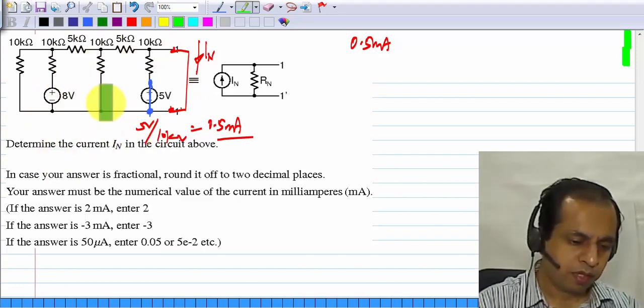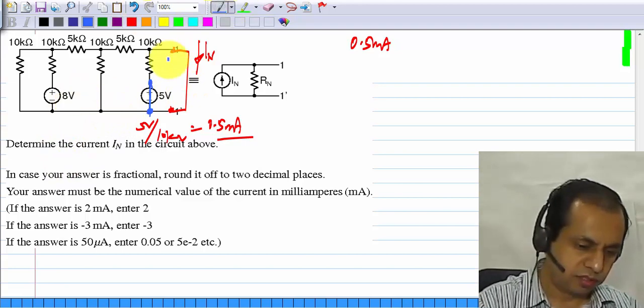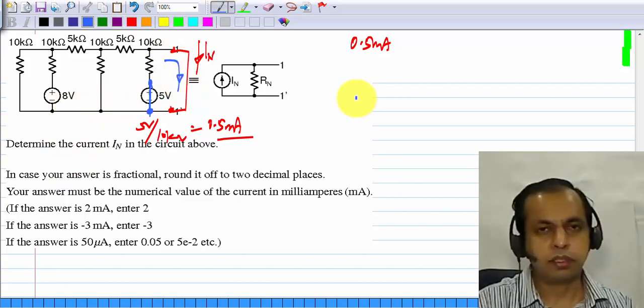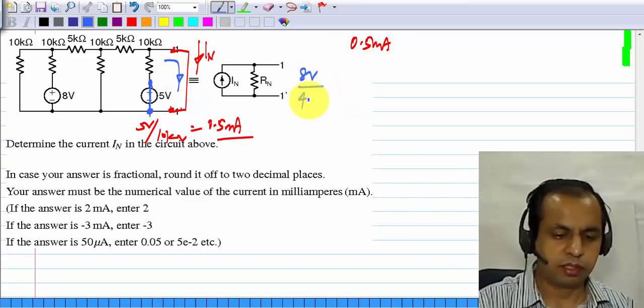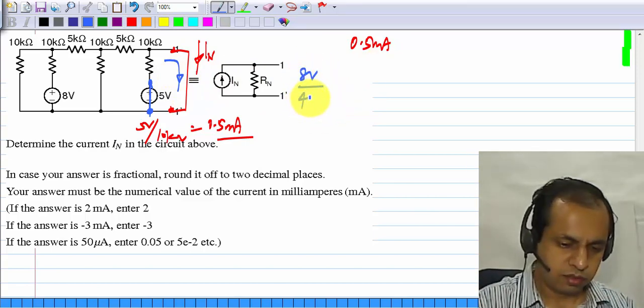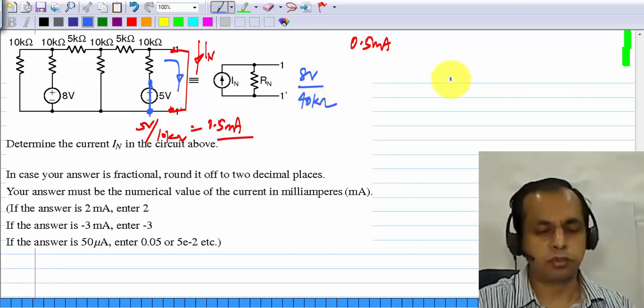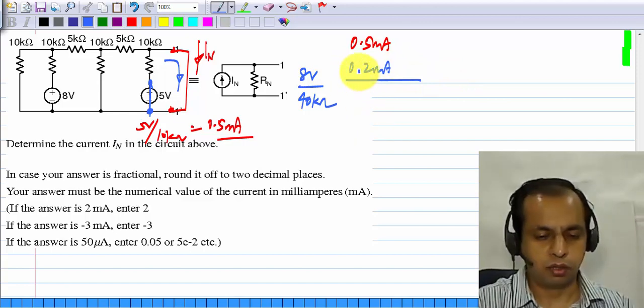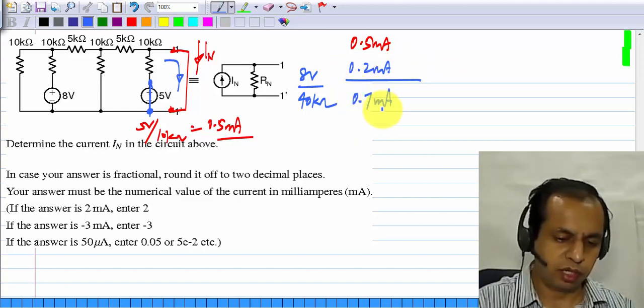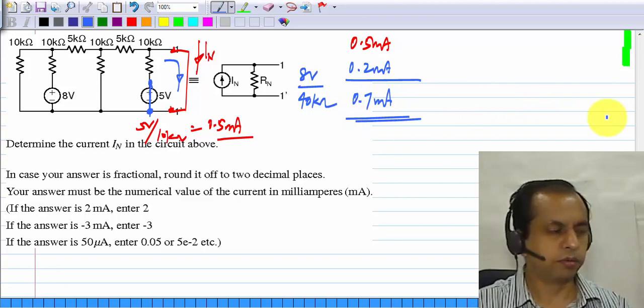Okay. And what is the current that flows that way? It will turn out to be 8 volt divided by 40 kilo ohms or 0.2 milliamps. So the total Norton current is 0.7 milliamperes. That is the answer. Okay.